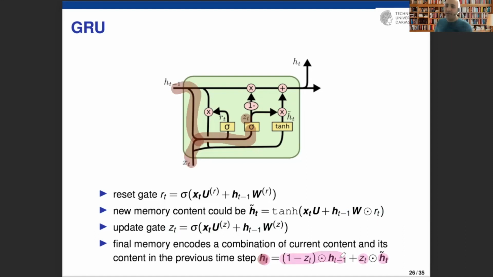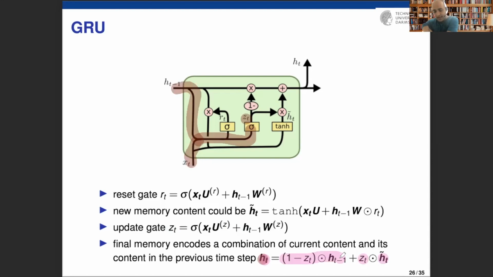So if we look at the update gate, it's the formula that we use to compute the final memory content. Based on the value of Z_t, we decide if we should update the memory or just rely on what we have learned from the previous steps.